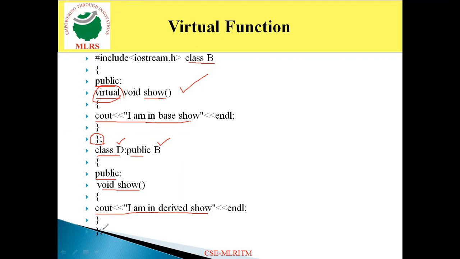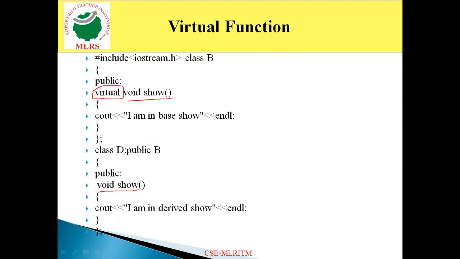Then close the function and close the class. Observe clearly that there are two functions with the same name in the base class and the derived class, and we apply the keyword virtual only to the base class function, not to the derived class function.